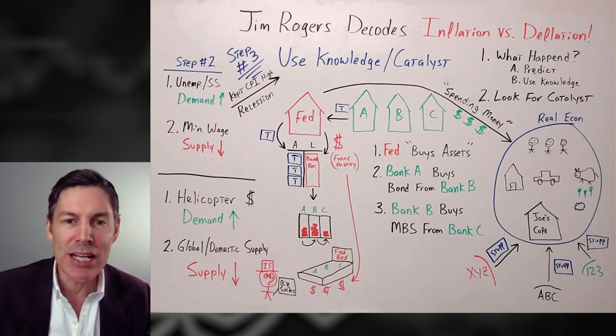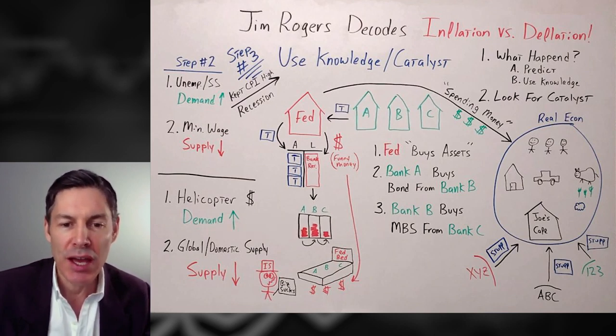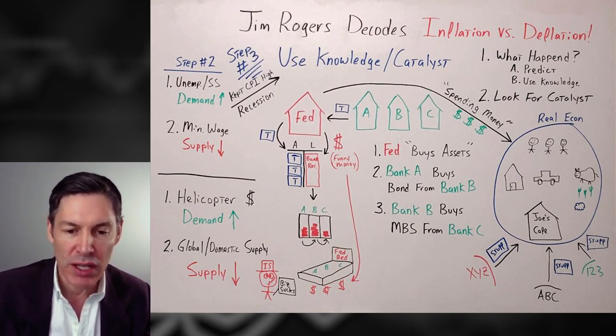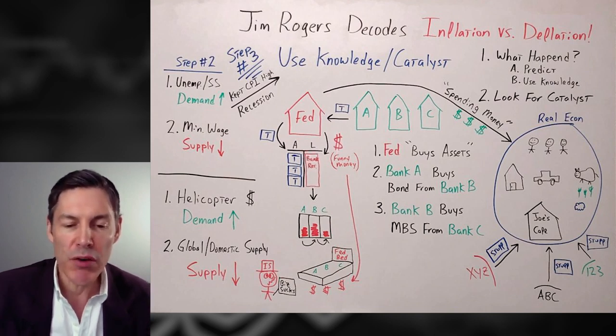But the primary dealer banks have these checking accounts with the Fed. So primary dealer banks A, B, and C all have these checking accounts. So when the Fed prints funny money or bank reserves, they go into one of the reserve accounts for the banks.